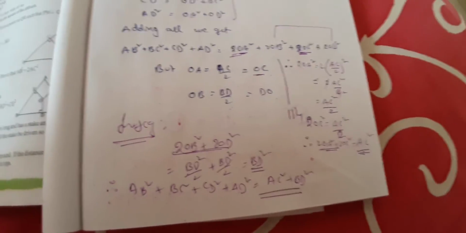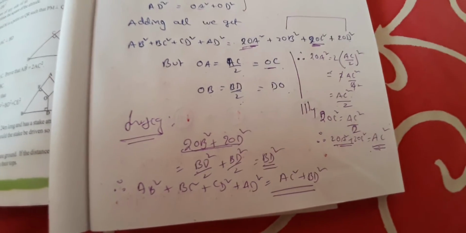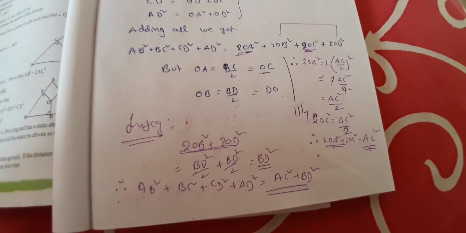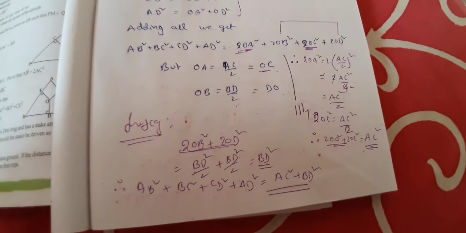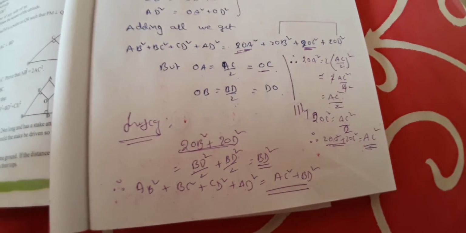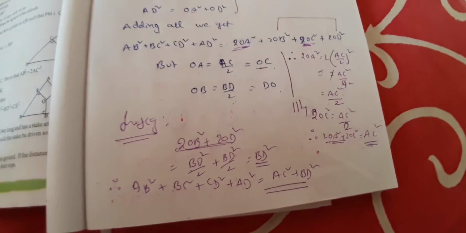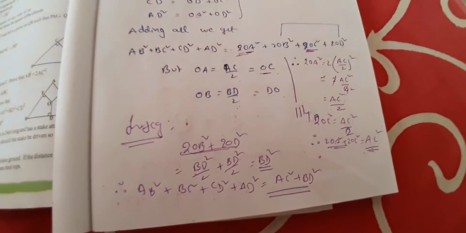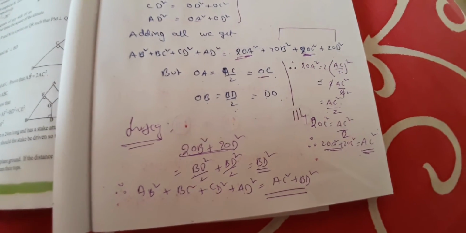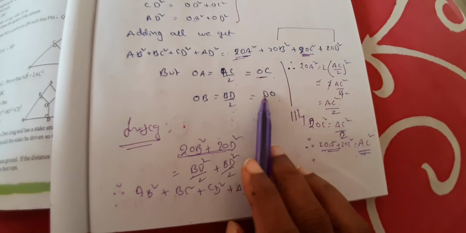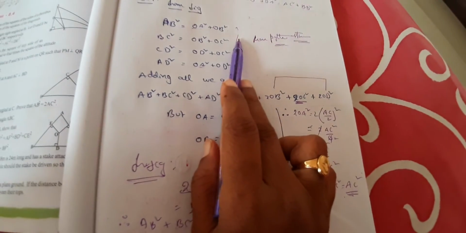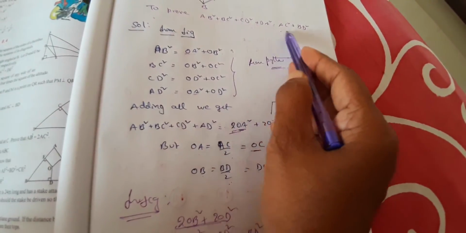Hence proved. Children, to just listen to such steps is really boring. The only thing is, you have to sit, observe the diagram and substitute the equivalent values. So I'll be doing 3 or 4 problems of this sort so that you will know how to substitute, how to reach the solution. Right? The solution here demands AC and BD.